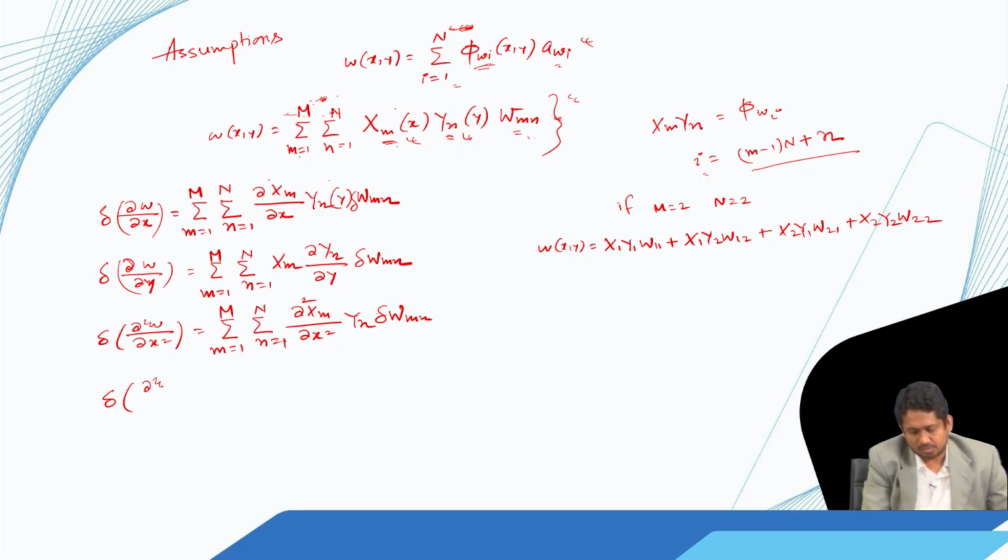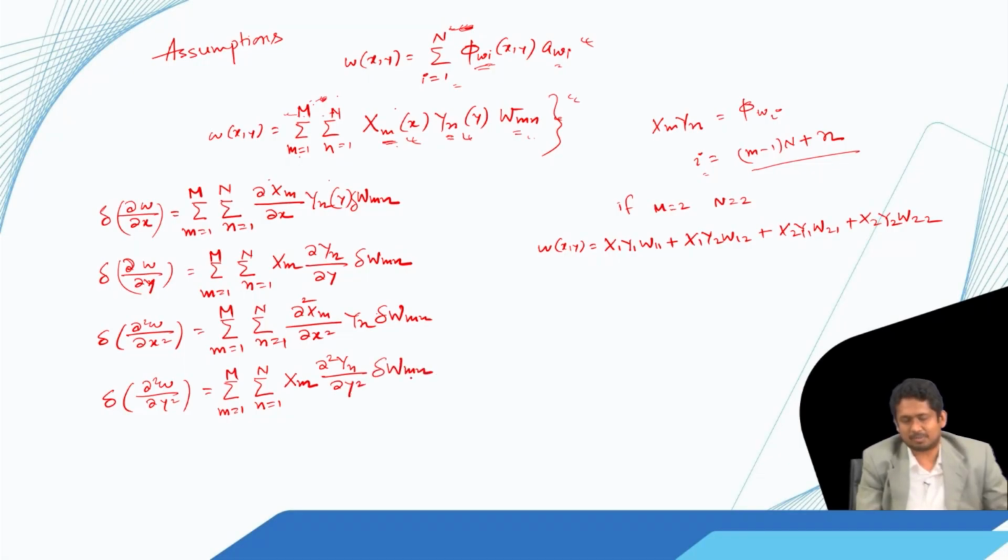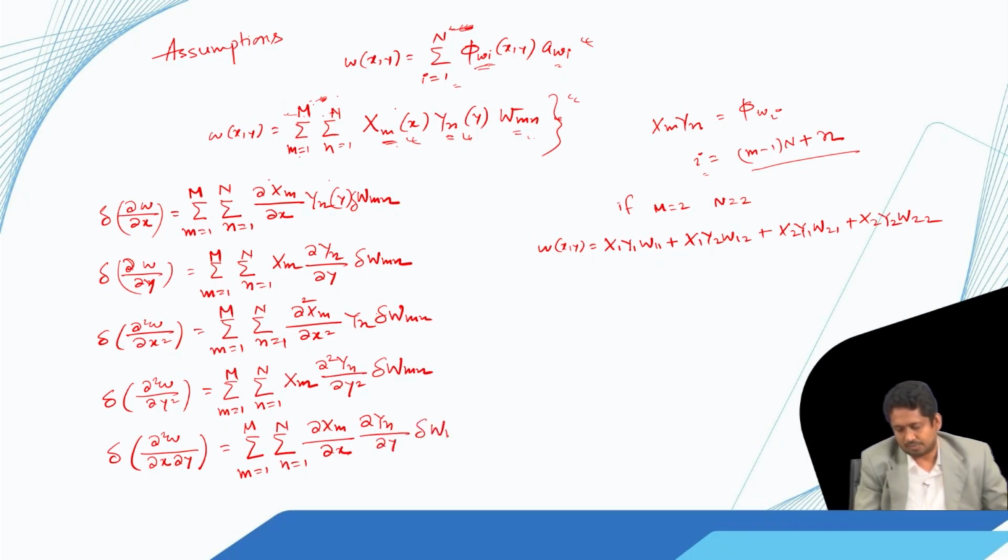Likewise, we can write del 2 w by del y 2 is equal to n going from 1 to n, m going from 1 to m, x m multiplied by del 2 y n by del y 2 into variation of w m n, and then we have variation of del 2 w by del x del y, and we have n equal to 1 to n, m equal to 1 to m, and then we have del x m by del x into del y n by del y into variation of w m n.